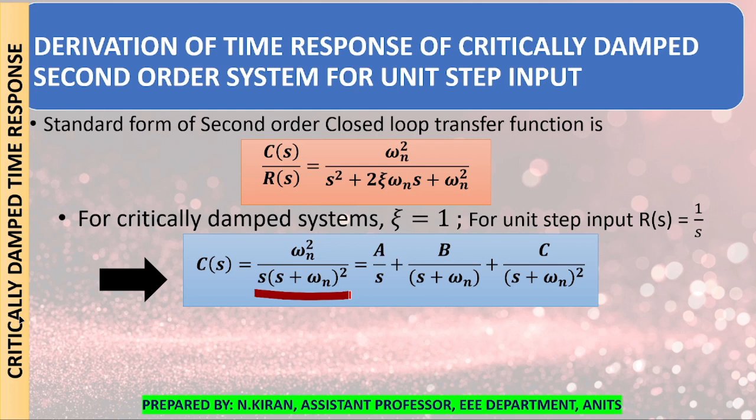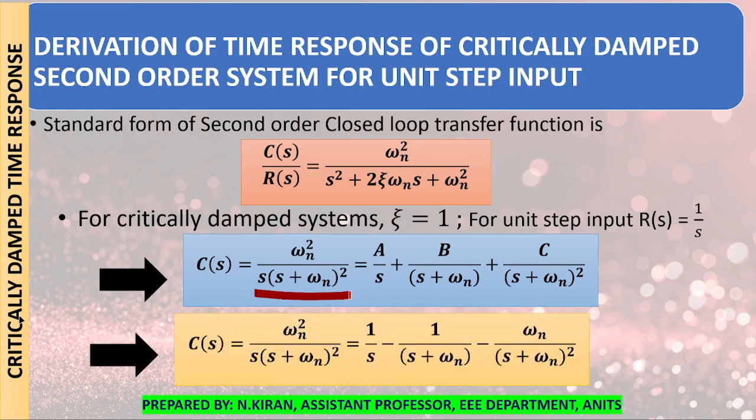Upon partial fractions, that will give me A/s plus B/(s plus omega n) plus C/(s plus omega n) whole square. That will give me the values of A as 1, B as minus 1, C as minus omega n.